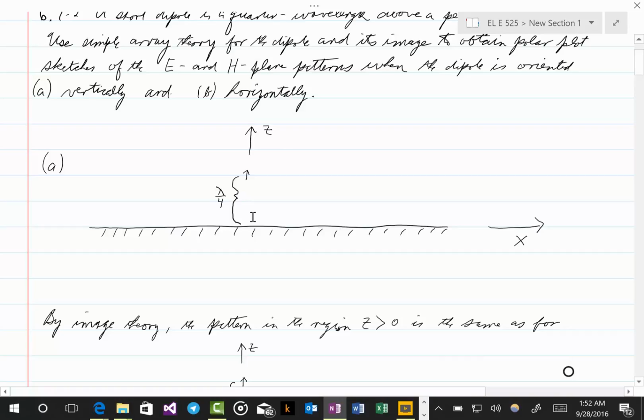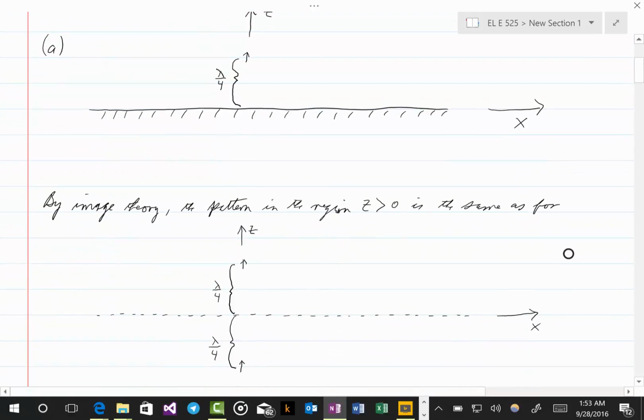Well, the first step in trying to analyze this problem is to realize that since we have an infinite and perfectly conducting ground plane here, we can use image theory to significantly simplify this problem. So that's what we will do.